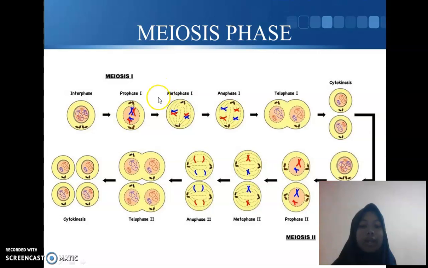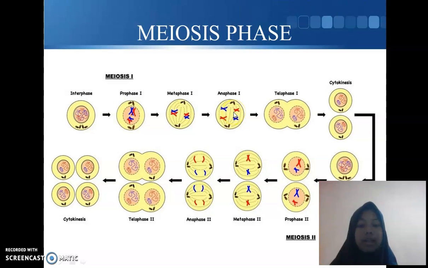In metaphase 1, the tetrads attach to spindle fibers at their centromeres and line up at the middle of the cell. In early anaphase 1, the tetrads separate and the paired chromatids move along the spindle to their respective centrioles.